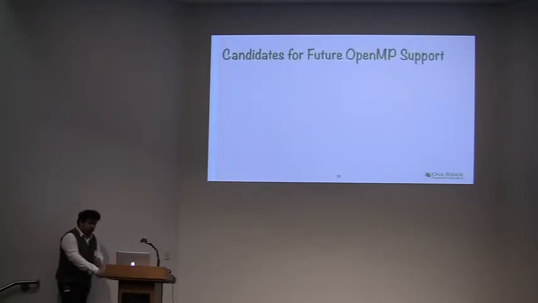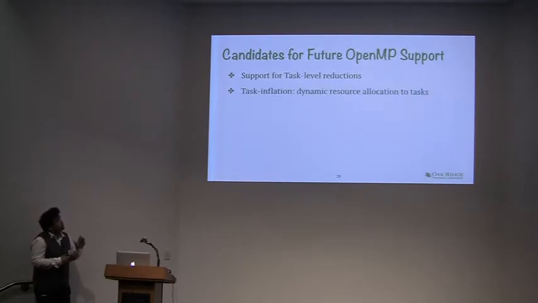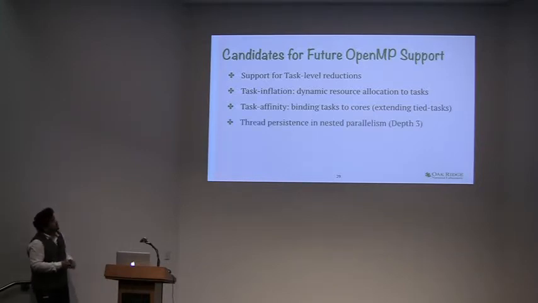So to wrap up, some of the candidates for future OpenMP support that would be nice to have are support for task level reductions. The task inflation that we're talking about is like dynamic resource allocation. Task affinity, like extending tied tasks, to check whether it can be totally implementation defined as well, but at the third level we saw that it doesn't hold true. The thread persistence, again in depth 3, doesn't hold true as well.